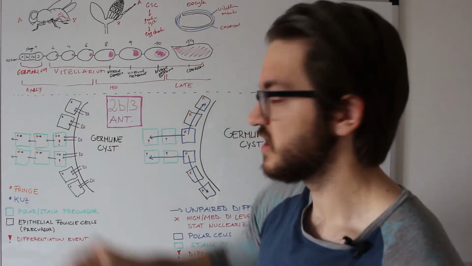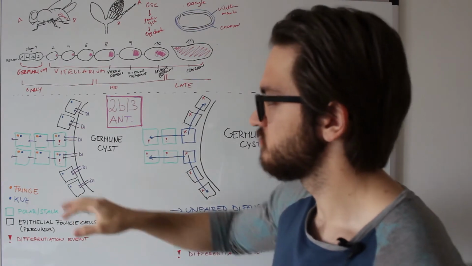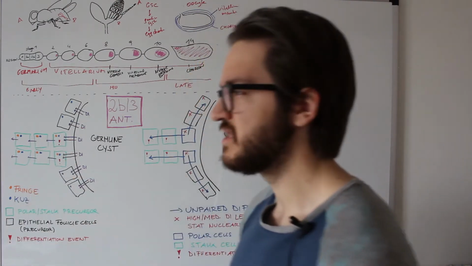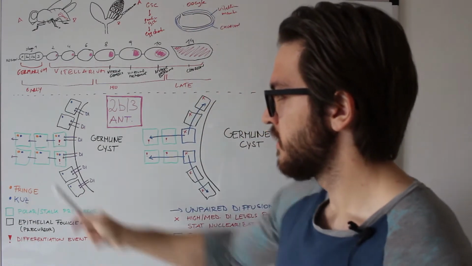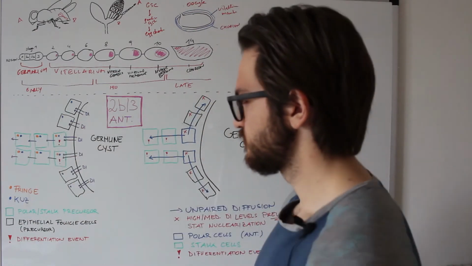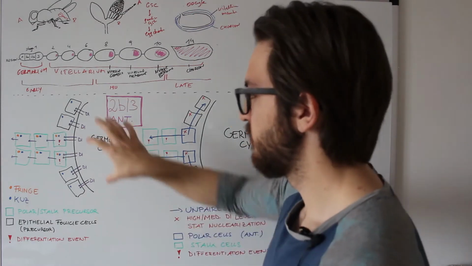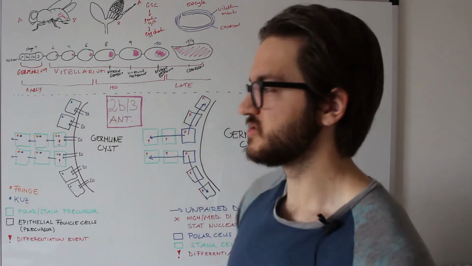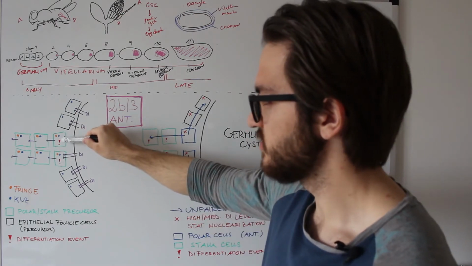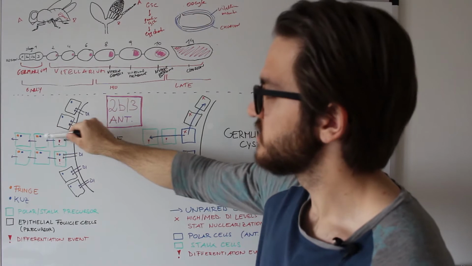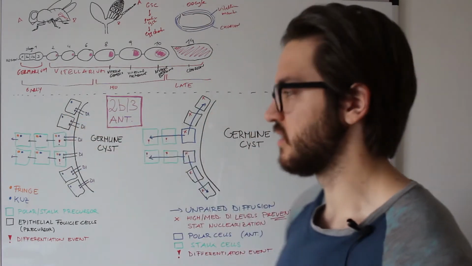They are not in contact with the germline cyst. They are, of course, not only four, I think there are six to eight, but these are also polar stalk precursors, and they receive different signals. They also receive Delta-Notch signaling, but not from the germline cyst, but from other follicle cells. So let's say these cells here also express Delta, and in that manner signal to these next ones, and they also express Delta signaling to the next, and so on.